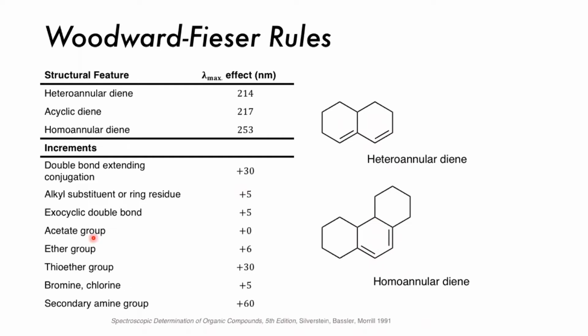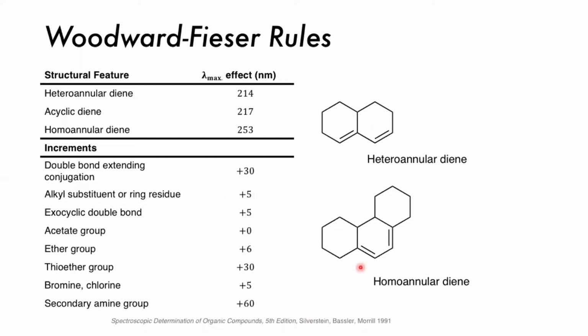So the increments change based on what is being added or taken away. Double bond extending conjugation, as I've said, if we add another double bond to our system, we add plus 30. We can do this a great many times. Alkyl substituents or ring residues, like the ring residues around here and around here, just simple hydrocarbon parts, all change the wavelength.